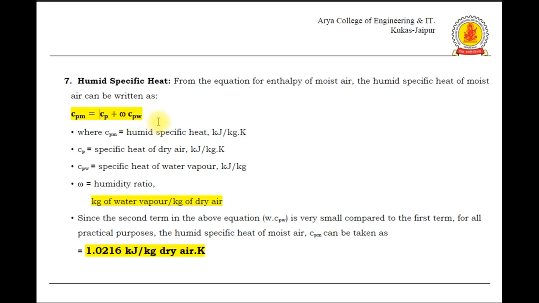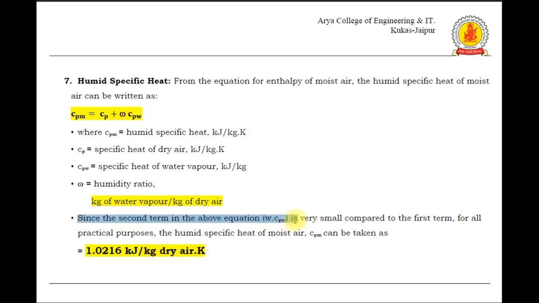Now one thing is important. This term we will not be using in numericals because for Cp humid we have got a fixed value of 1.0216 kilojoule per kg of dry air per Kelvin. As this second term is very small, we will neglect this variation of water vapor and take a fixed quantity Cp, add something to it, and we will get 1.0216 kilojoule per kg of dry air.